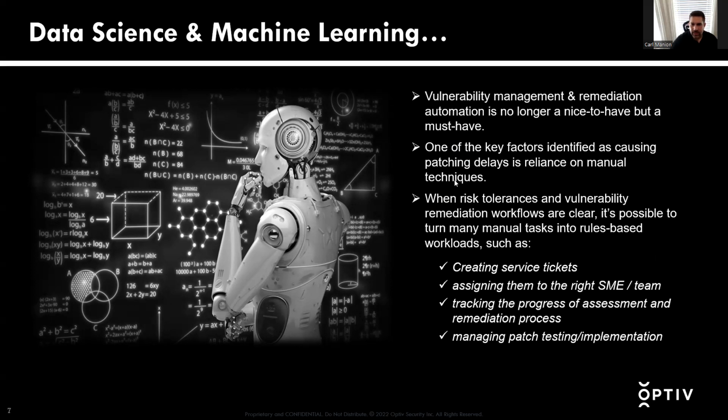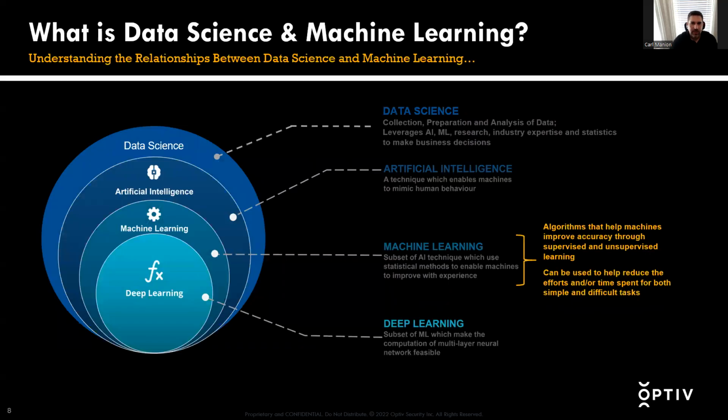And then if we look at risk tolerances and vulnerability remediation workflows, we can turn a lot of manual tasks into workloads that are rule-based, and we can process tickets faster, look at who should be working on those individual taskings, and also track the remediation, patching and testing process much more effectively. So implementing and using machine learning and data science is the solution for the problem of complexity and volume.